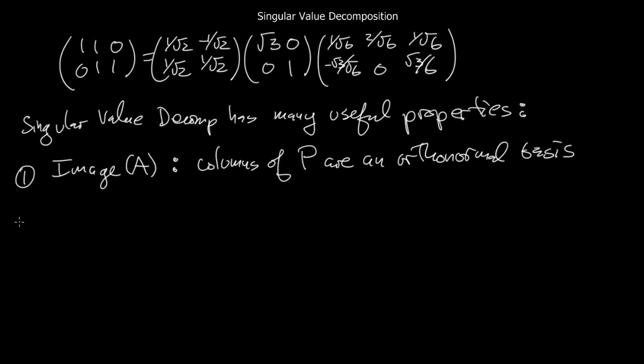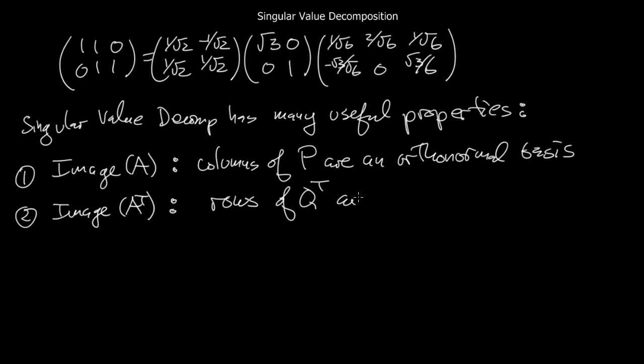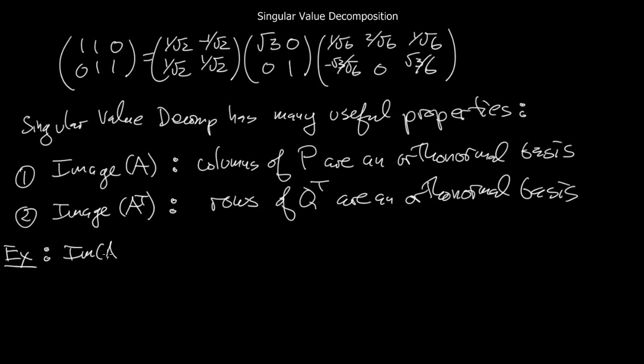And just by taking the transpose, you see that the rows of this matrix on the right, this Q transpose, are an orthonormal basis of the image of A transpose. So it's often the case that when you're handed a matrix, you're asked for a basis of the image, and here it's handed to you in a very nice way. You're even given an orthonormal basis of it.